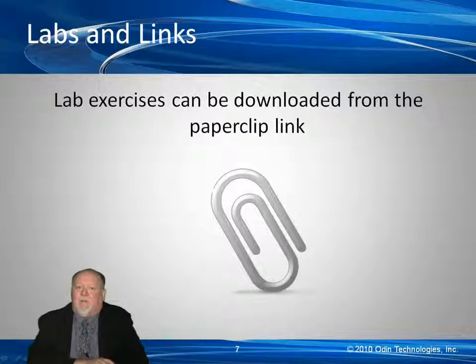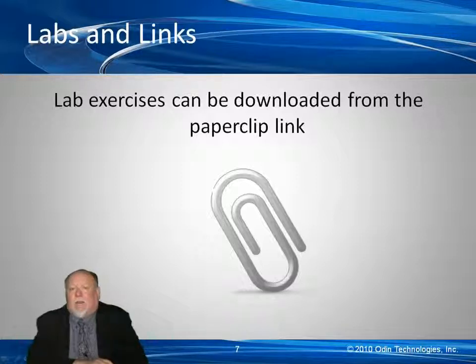Now, we will have labs throughout the course. So if you would like to follow along with the hands-on exercises we'll be doing, please be sure that your hardware meets the specifications listed in the downloadable setup instructions. And download the software, which will be included as a hyperlink within the instructions, for Eclipse and Tomcat. Basically, there's three components we're going to need: Java, Eclipse, and Tomcat.